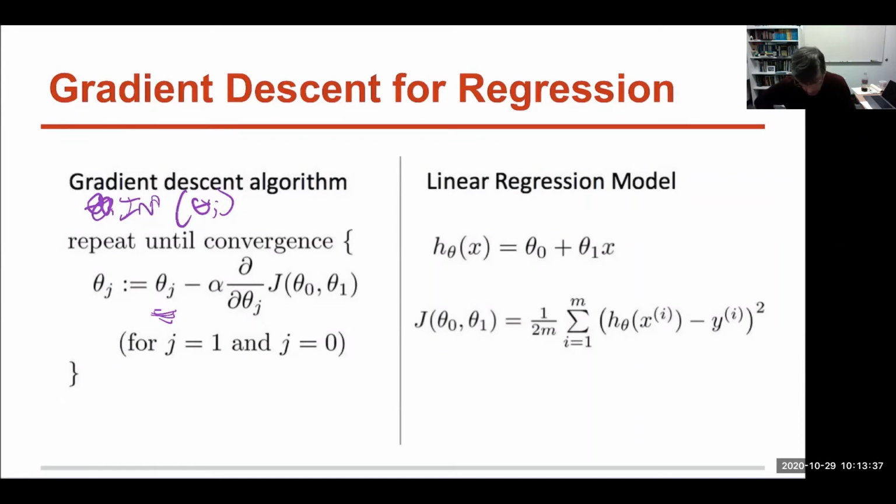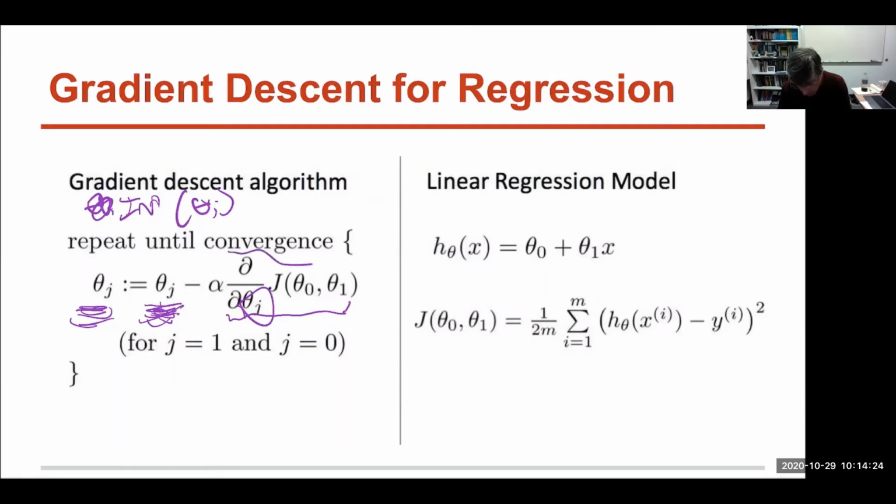What are we going to do? We're going to update the slope. The new slope of the fitting line is going to be the old slope of the fitting line minus the derivative of the error term with respect to that parameter. This tells us the direction in which we will go fastest, or how much we change the error for a unit change in theta j.